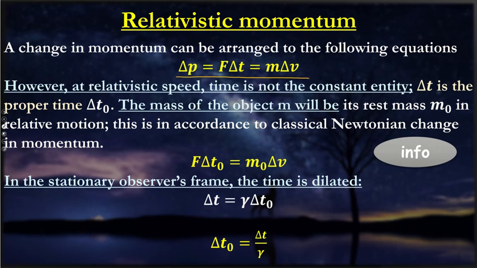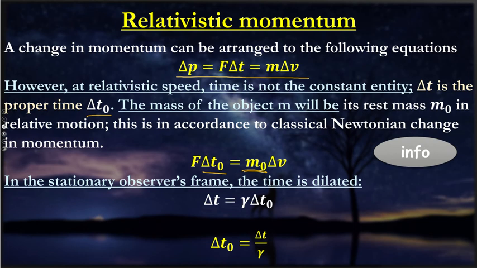we know that time is not constant. So we're going to designate the starting point of whatever scenario we have as proper time. So delta T0, that's what we get here. We also know that mass is going to be the rest mass here, if we're basing off Newtonian physics. So we're going to denote m as m0 here. Okay, so we're just taking into account these kind of things here.